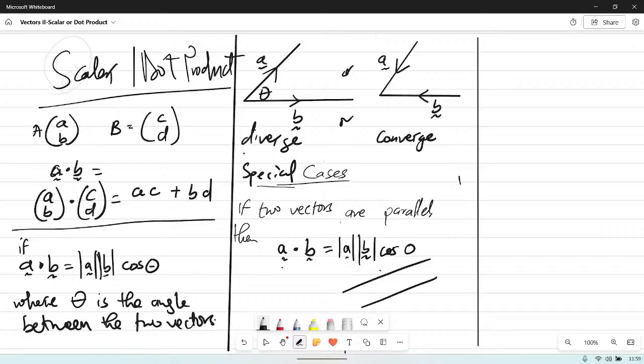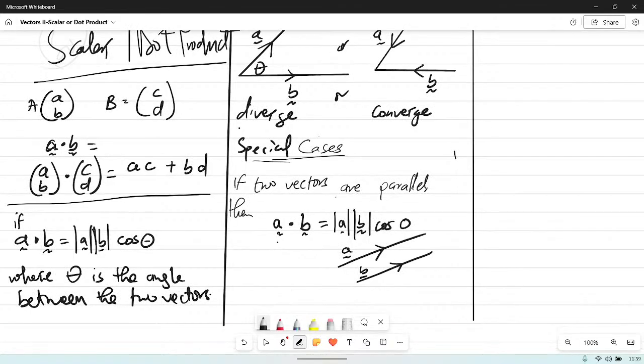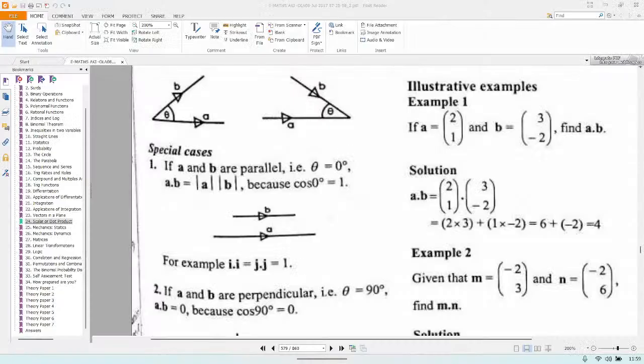In this case, because there's no intersection between them, no angle means theta is zero. And when you simplify, cos zero is one. So A dot B is the product of the magnitudes, because cos zero is one.